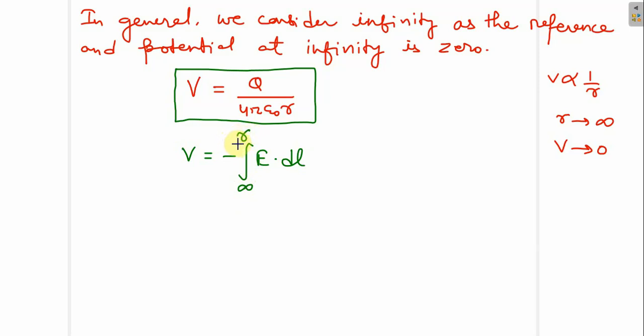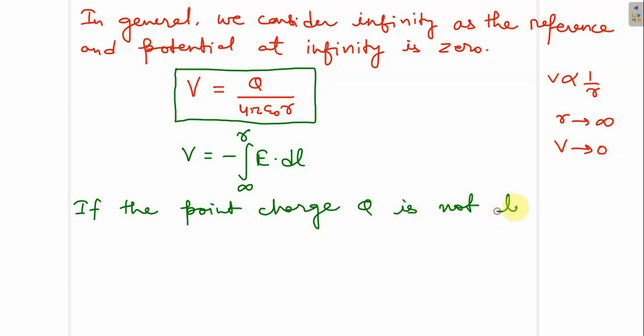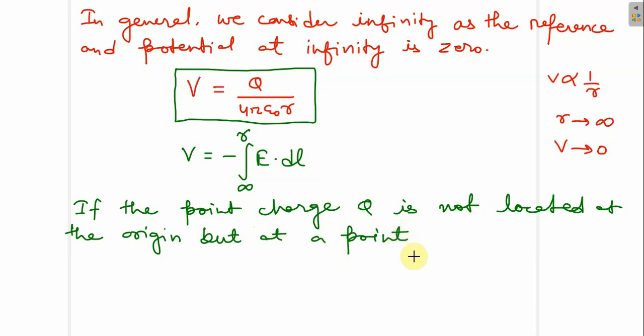Okay, so if the point charge q is not located at the origin but at a point whose position vector is r dash.